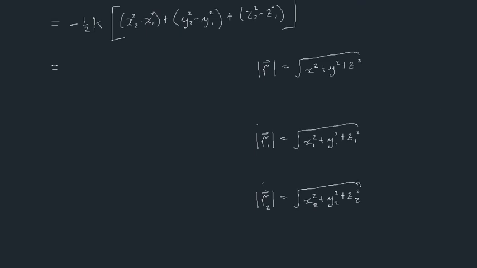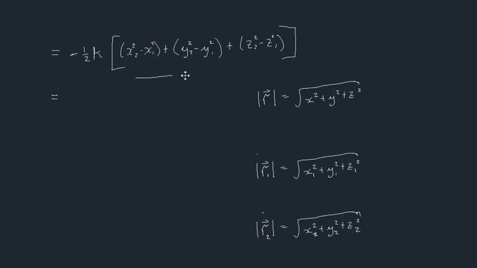Consequently now, if we were to rearrange what's inside this bracket just here, we can rewrite that as minus a half times k times x2 squared plus y2 squared plus z2 squared minus, I'm going to group them all, x1 squared plus y1 squared plus z1 squared.